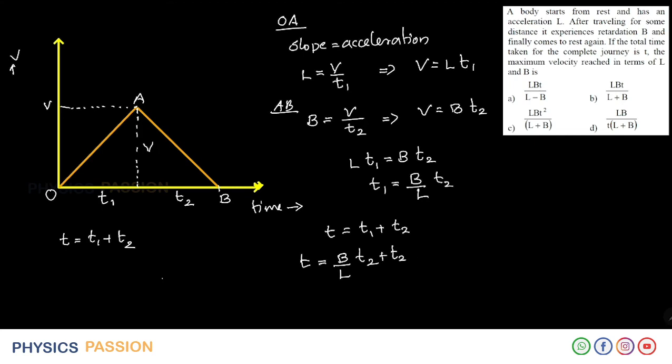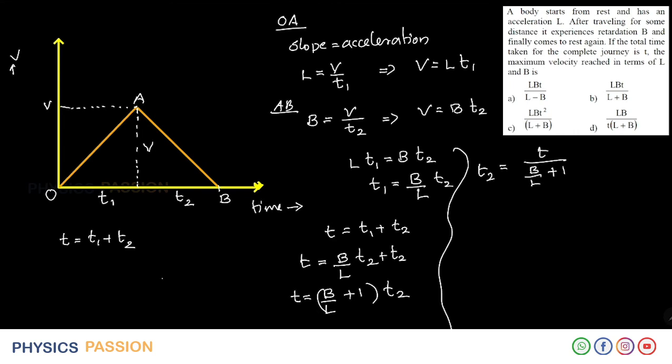Here t is equal to (B by L plus 1) into t2, if you take t2 out. That is, t2 is equal to t divided by (B by L plus 1). We got the time t2.